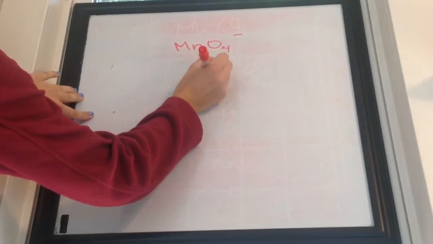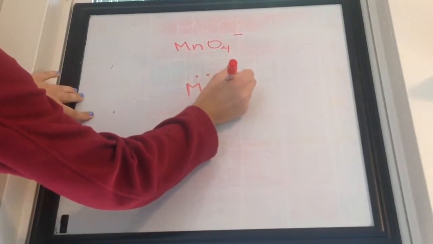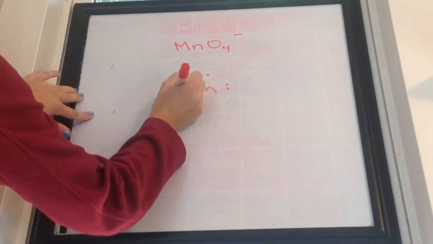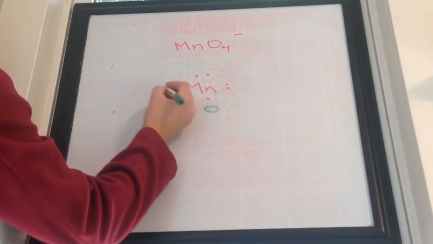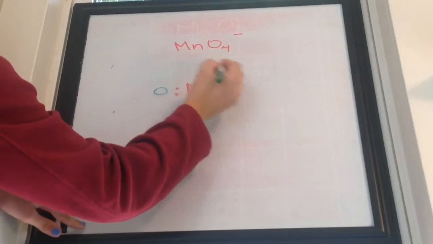Manganese is the central atom. First, place the 7 electrons surrounding the atom with the single electron at the bottom. Then, place the 4 oxygen atoms around the manganese.